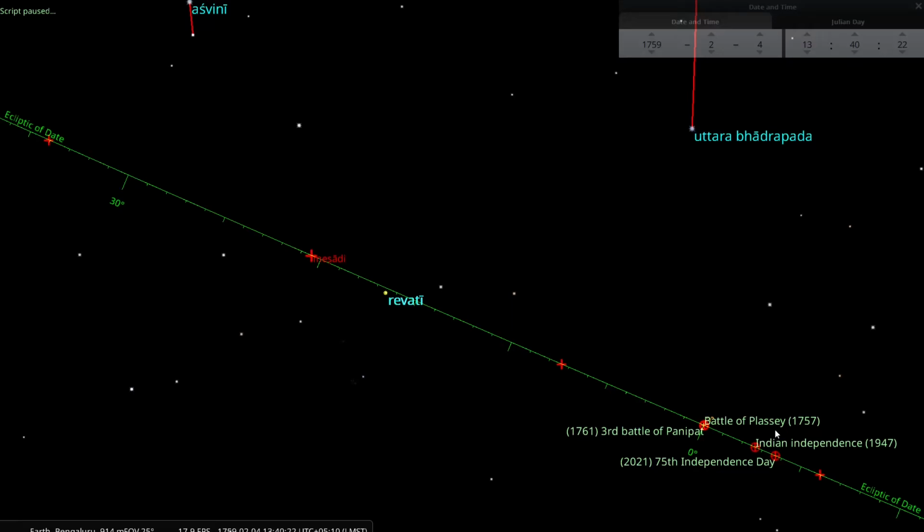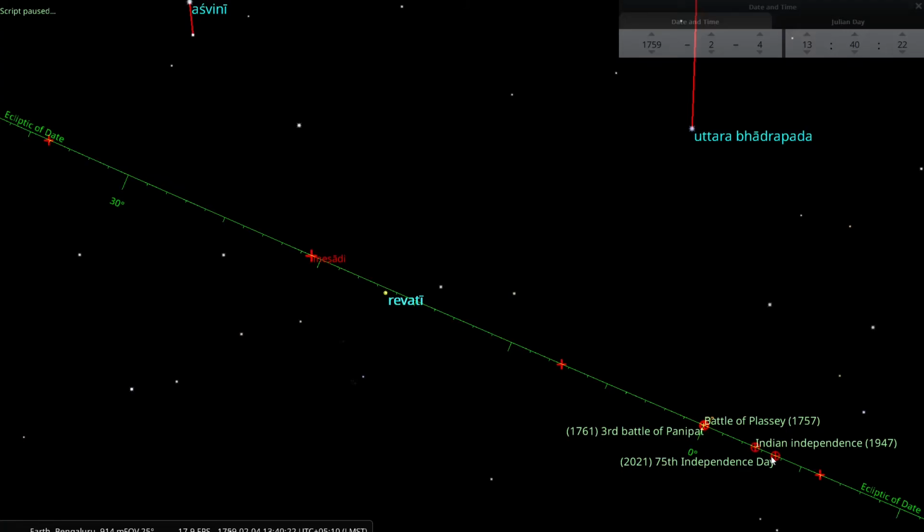And this is where Robert Clive defeated Siraj ud Dawla, and that was the beginning of the British colonization of India. So these two events were separated just by 4 years. They happened pretty much at the same time, when the Marathas pretty much lost the plot and the British started their colonization of India.